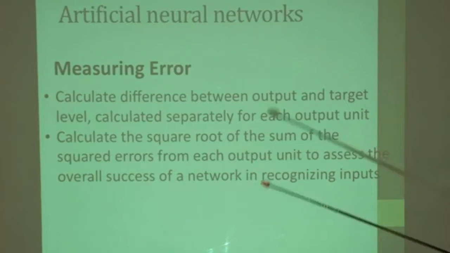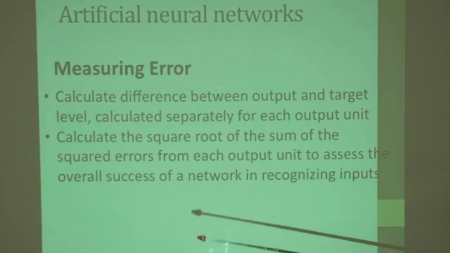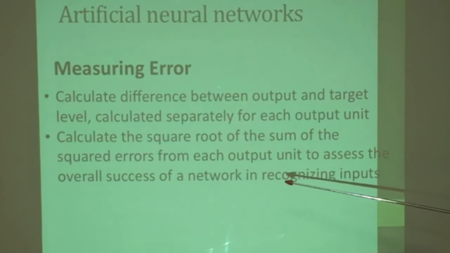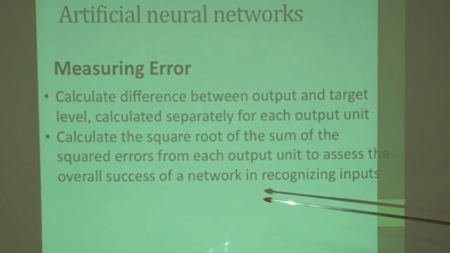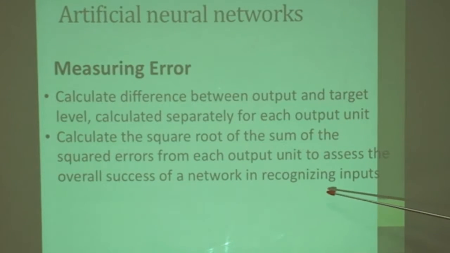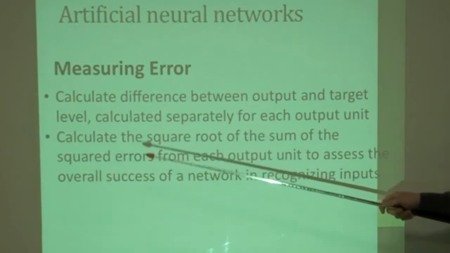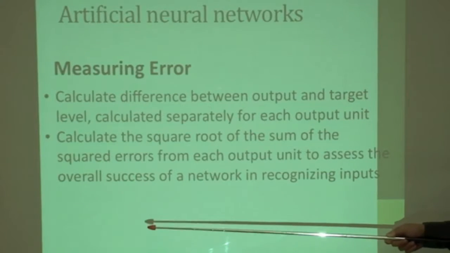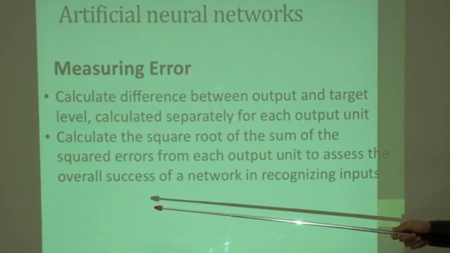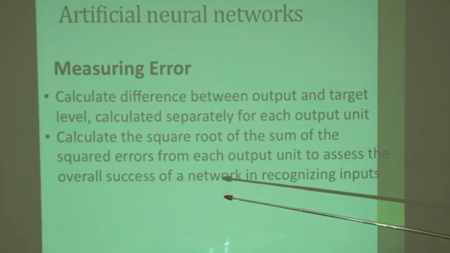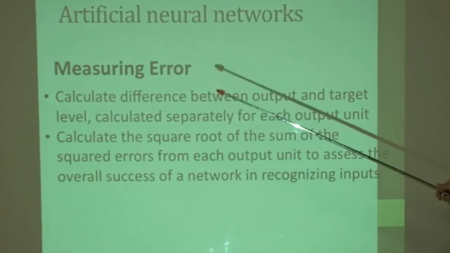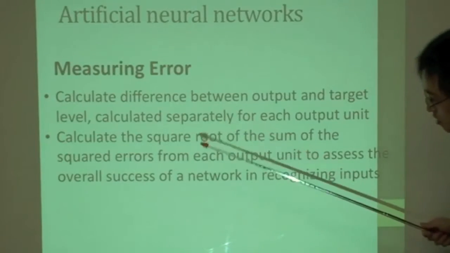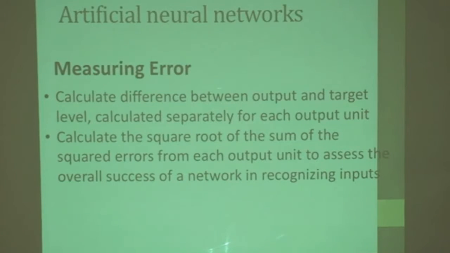There is another method where we calculate the square root of the sum of the squared errors from each output to assess the overall success of the network in recognizing inputs. So the second one is used to assess the whole network, and the first one is used to assess the individual units. And this is the part on the artificial neural network.